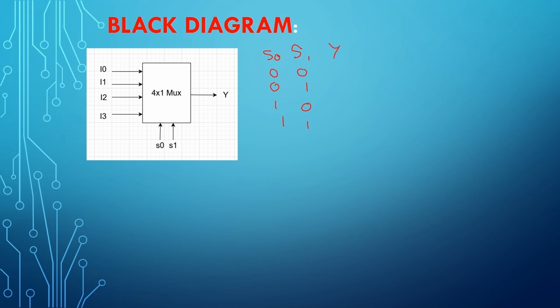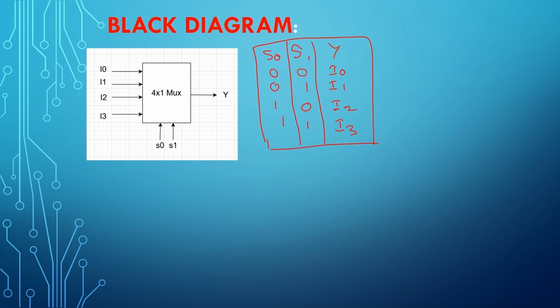When S0, S1 is equal to 0 0, the input I0 is selected. When S0, S1 is equal to 0 1, I1 is selected. When S0, S1 is equal to 1 0, the input I2 is selected. When S0, S1 is equal to 1 1, I3 is selected. And this is the truth table.